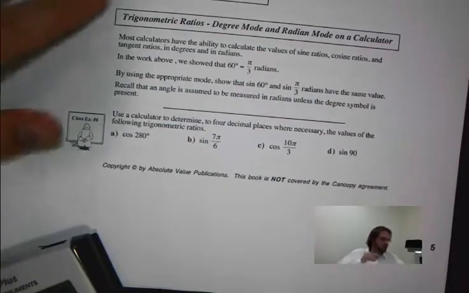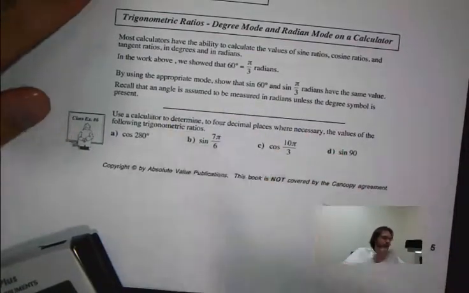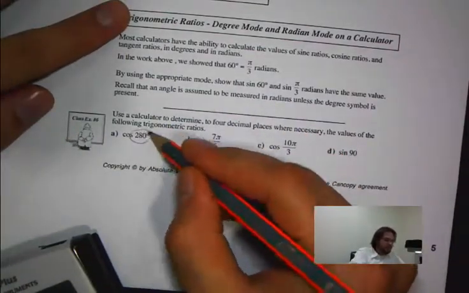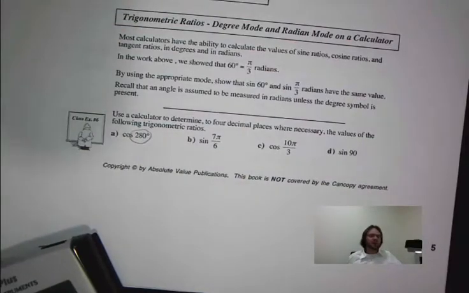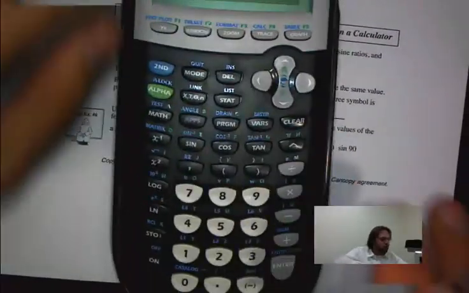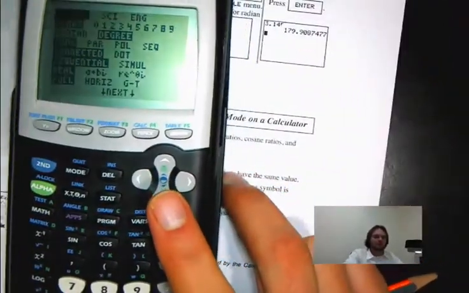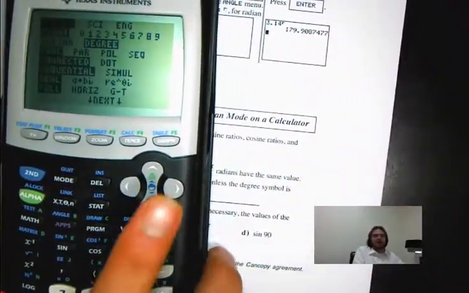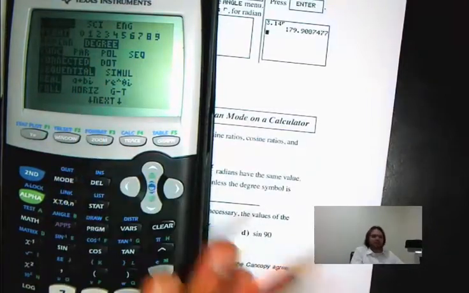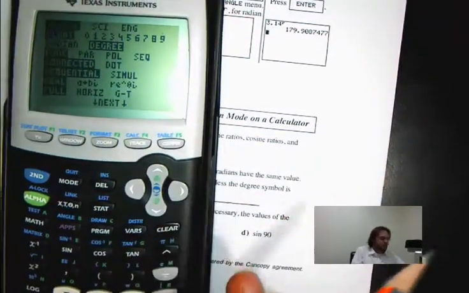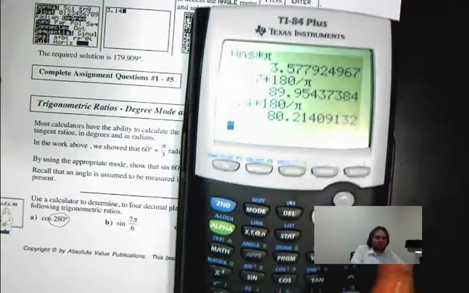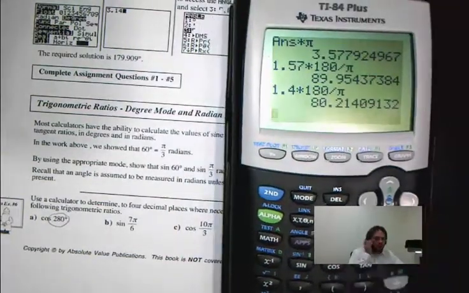So the first one says we want cos 280. Now here's the hint. If it's in degrees, our answer should be in degrees. So I'm going to double check, make sure my mode is in degrees. Go over here, and I look at that, and yes, my mode is in degrees. So I'm going to continue this, and we are looking at 280.